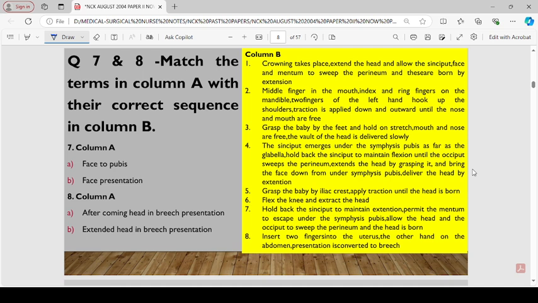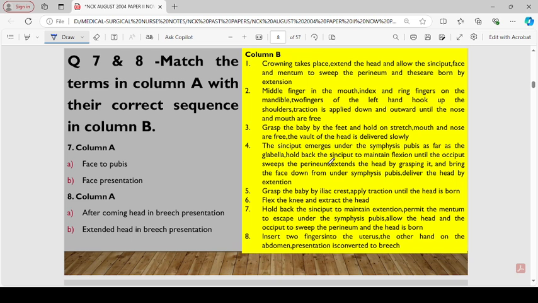For questions number 7 and number 8, you needed to match these terms, right? Number 7, they had given column A, face to pubis, and B, face presentation. Number 8, after-coming head in breech, and then extended head in breech. And you indicate the numbers.